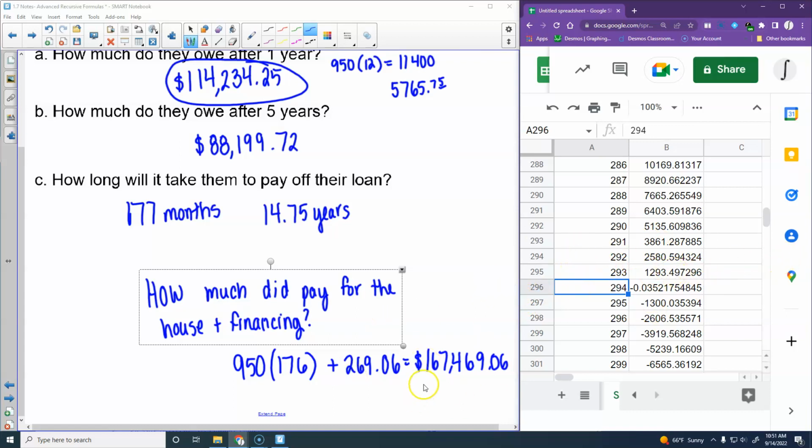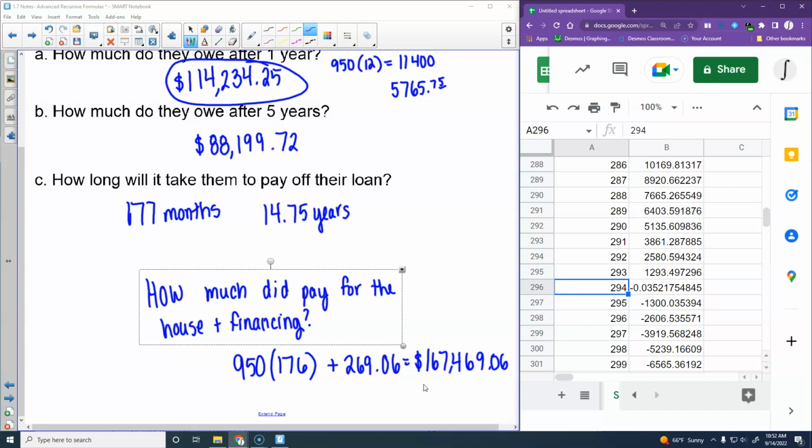So this is realistic. The ways that you can avoid paying nearly twice what your house costs is you can save up some of the money so you have a bigger down payment. So maybe the house costs $200,000, but you have $60,000 or $70,000 or $80,000 to put down on it. Then you don't have to borrow as much money, so that helps you.